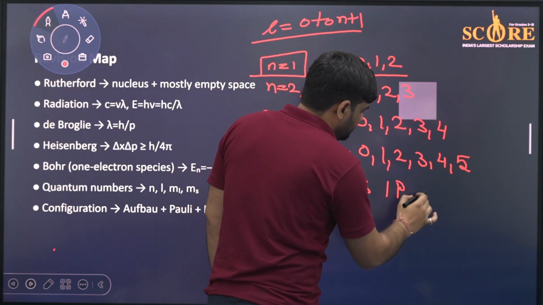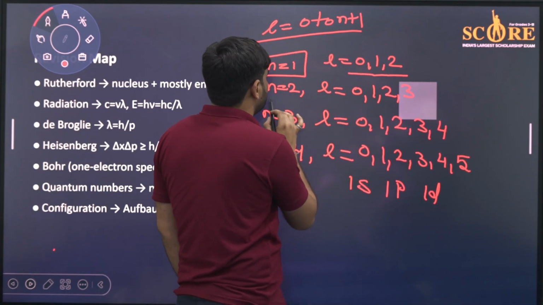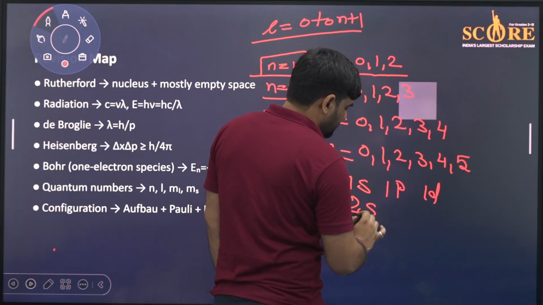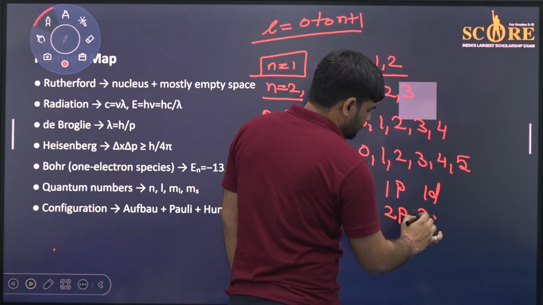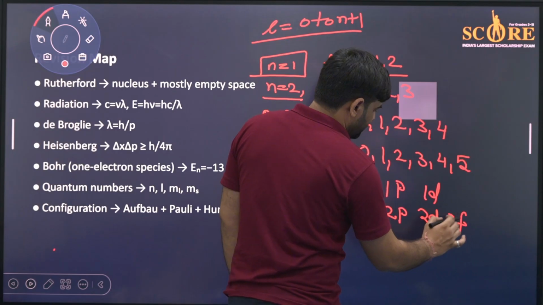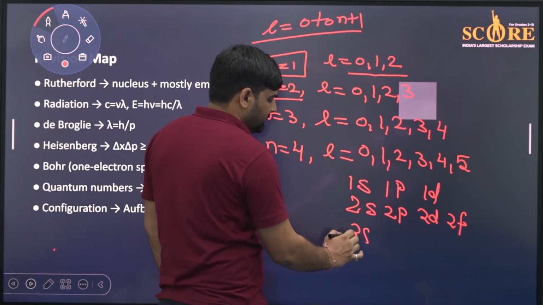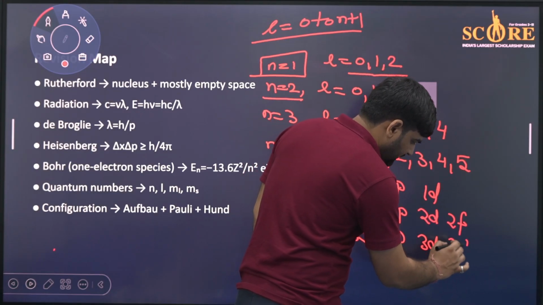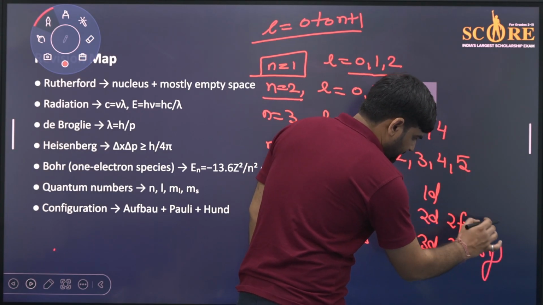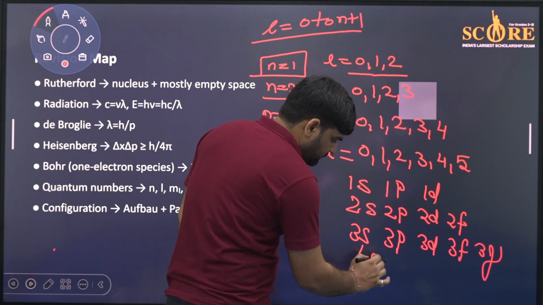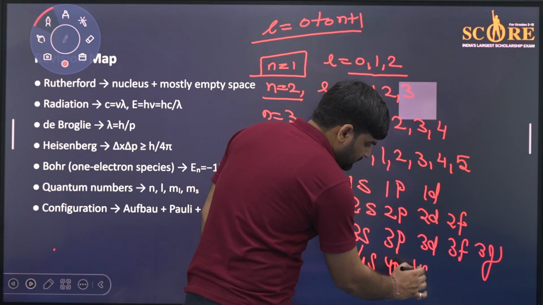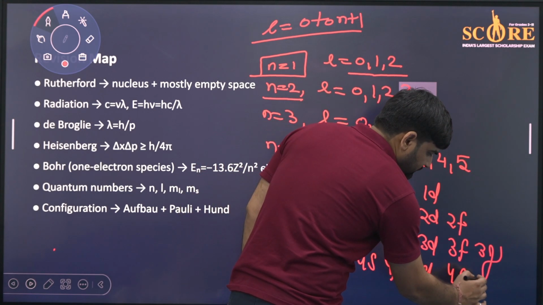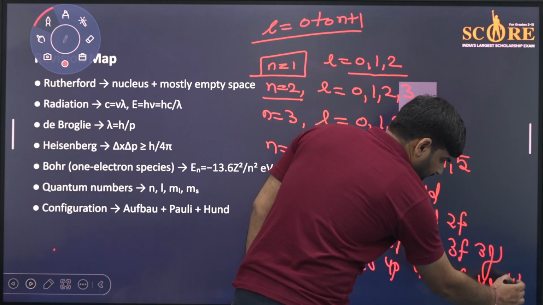For n equals 2: 2s, 2p, 2d, 2f. n equals 3: 3s, 3p, 3d, 3f, 3g. And 4s, 4p, 4d, 4f, 4g and 4h.